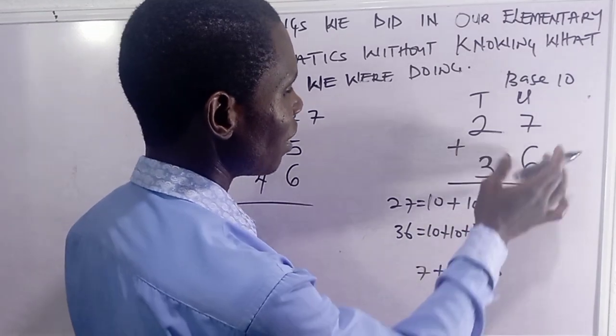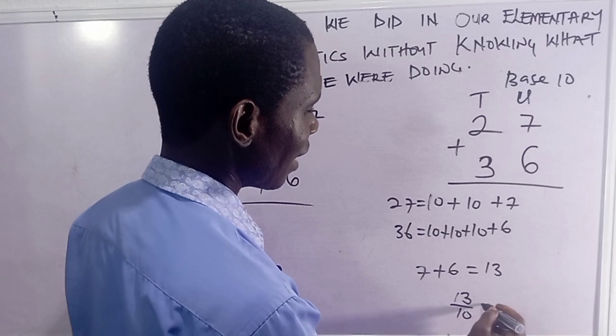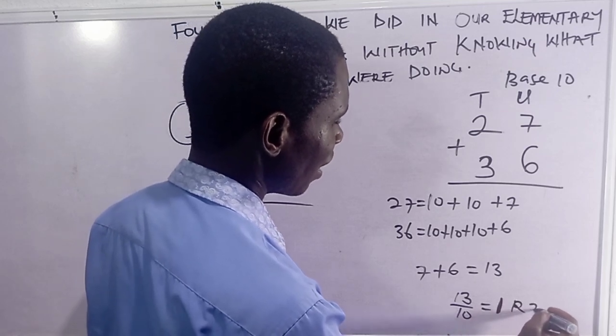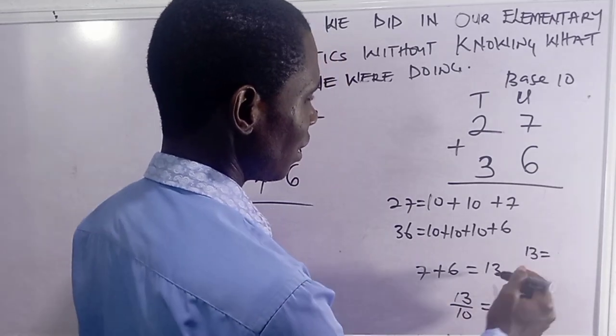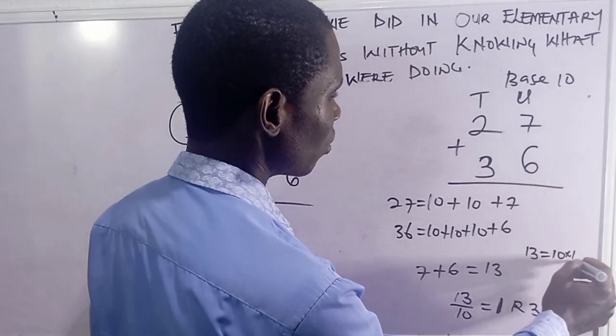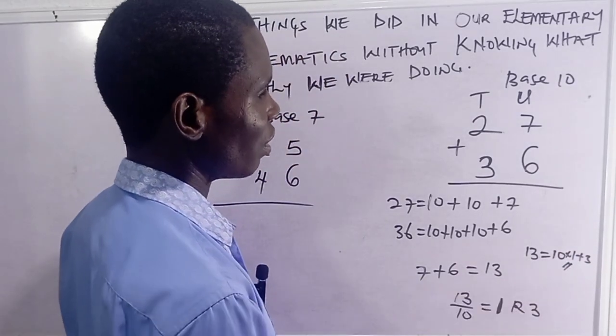So since we are working in base 10, we now divide 13 by 10, and that gives us 1 bundle of 10, remainder 3. 13 is same as 10 times 1 plus 3. So we have a bundle of 10, which is this.